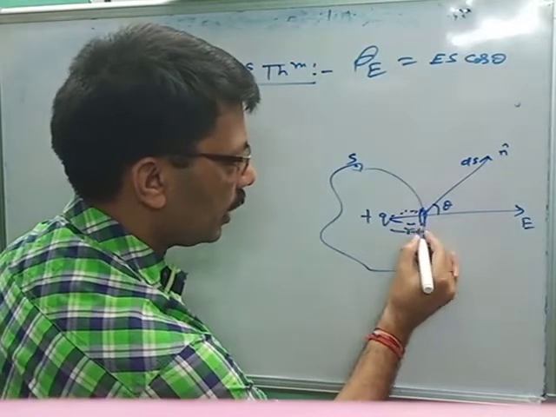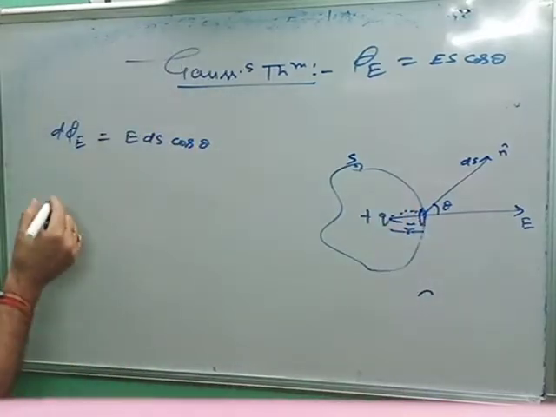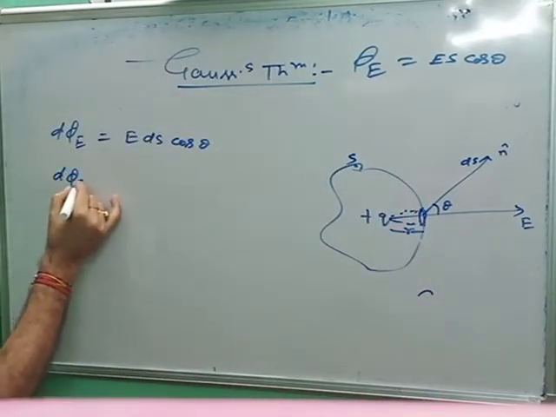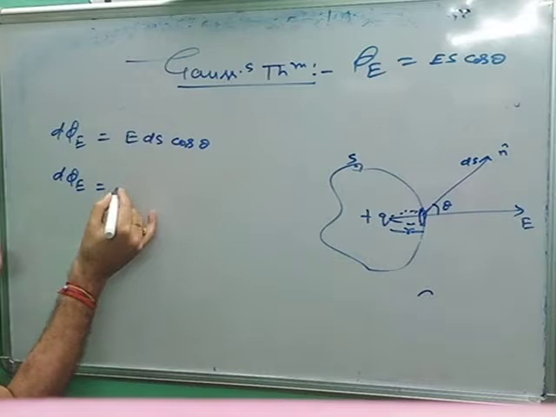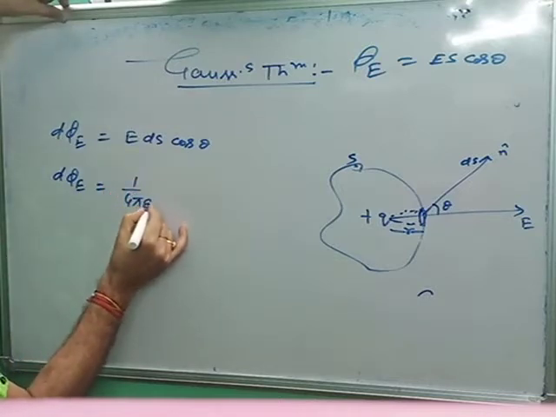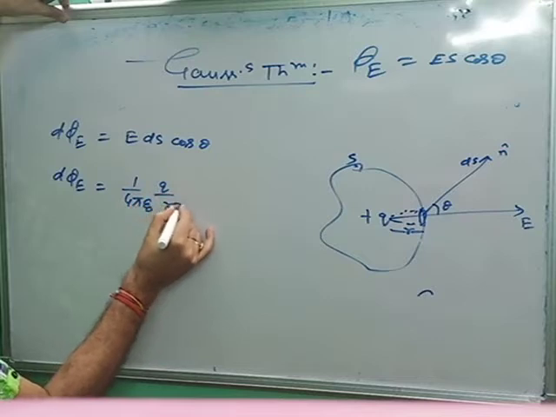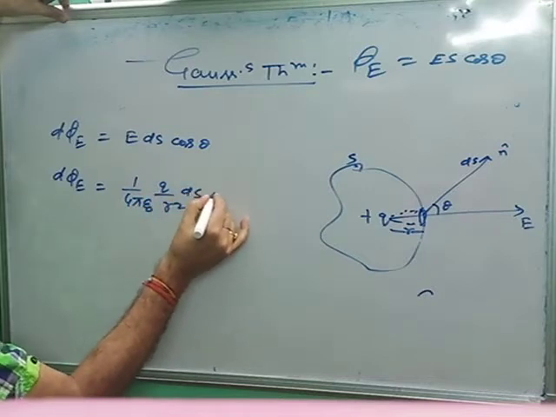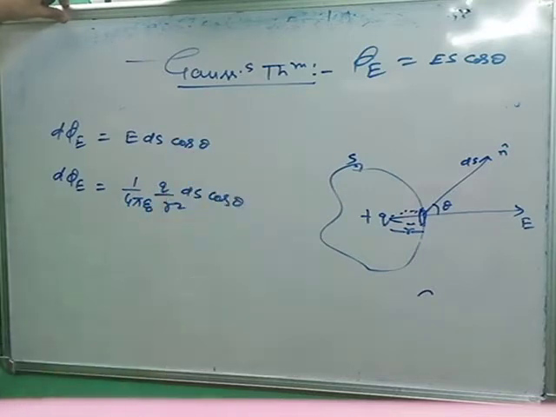situated at distance r. Okay. So again, d phi E equal to, what is the value of E? You know, 1 upon 4 pi epsilon naught q upon r square, times ds cos theta. Okay.